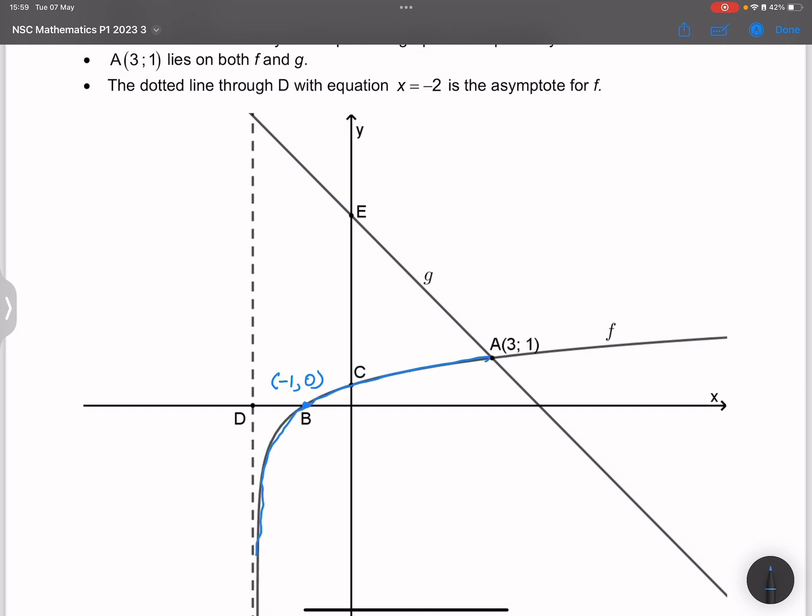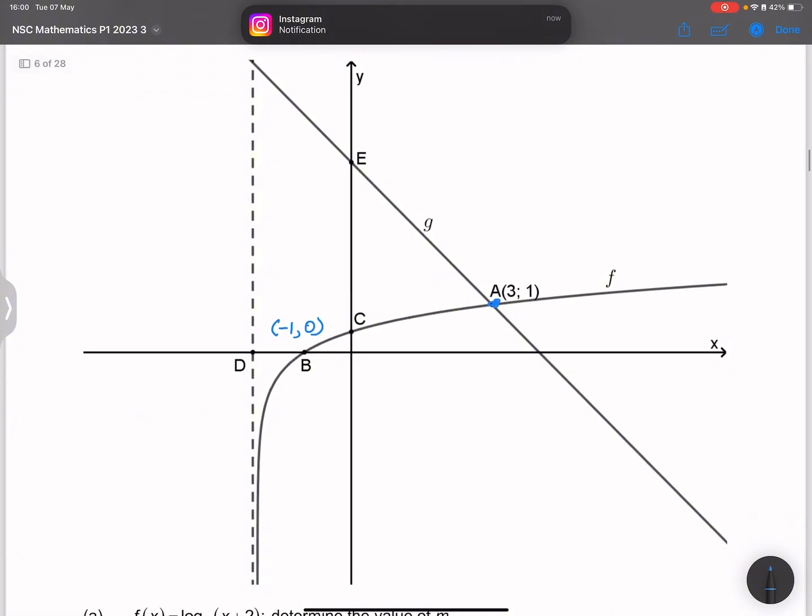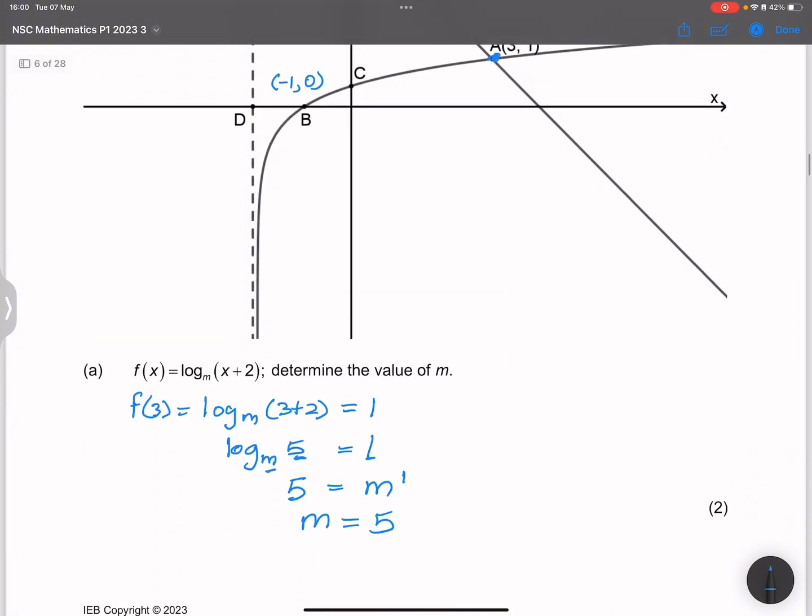But of course, we're going to exclude that asymptote there, because the graph of f does not exist at that point. So it will be from x is negative 2, our asymptote, and up until this point here where they actually intersect, which is point A, where x is equal to 3. So from negative 2 up until 3.